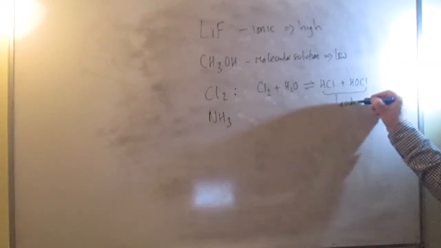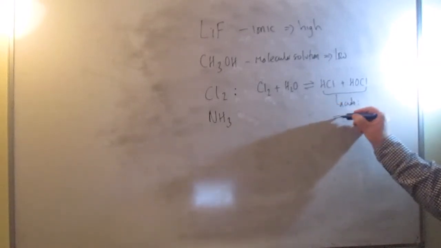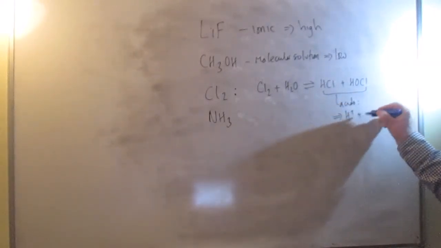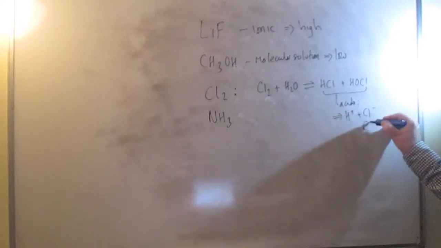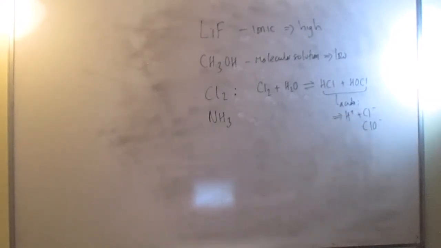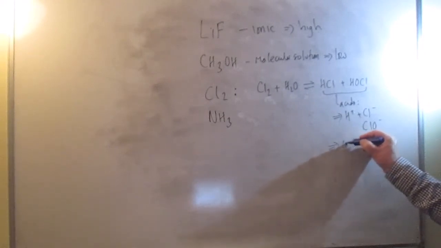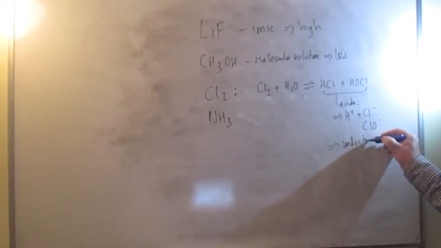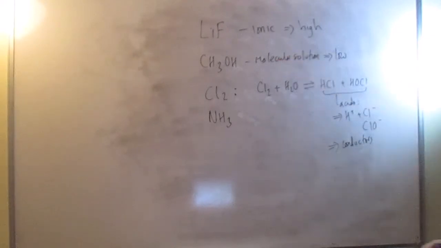Okay, so acids in aqueous solution give you H plus and the negative ion, so Cl minus or ClO minus ions will be present. So these solutions contain ions, and therefore they will be conductors. Maybe not as good as lithium fluoride, but certainly better than methanol.